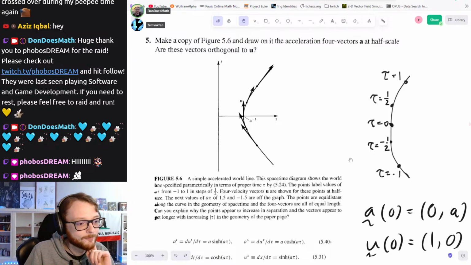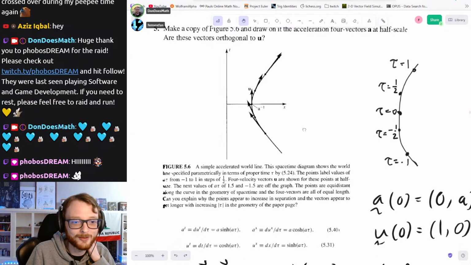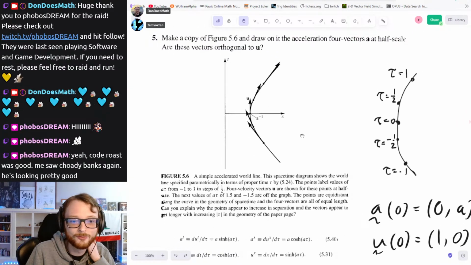And hey, Aziz. So yeah, we're working on this problem here. We're doing stuff with 4 vectors. We've got some non-Euclidean, I guess like hyperbolic space or something. But it's good. Chody Banks returned, looking pretty good. Very Chody. Nice.